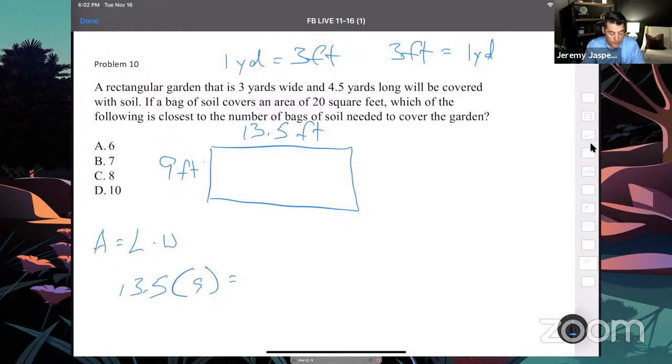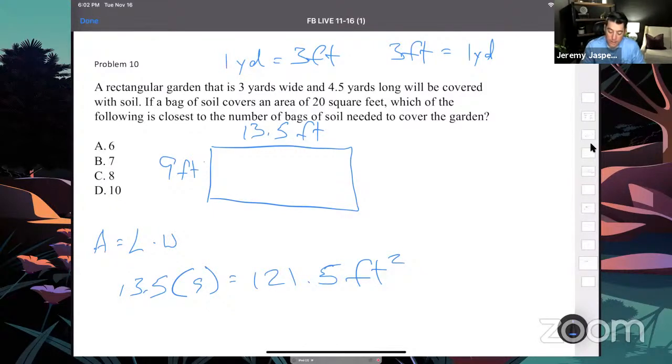And when we do that, we end up with 121.5 square feet.